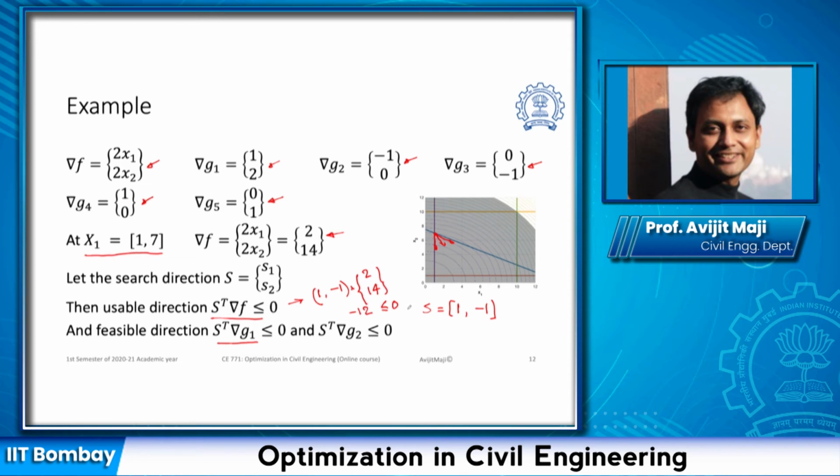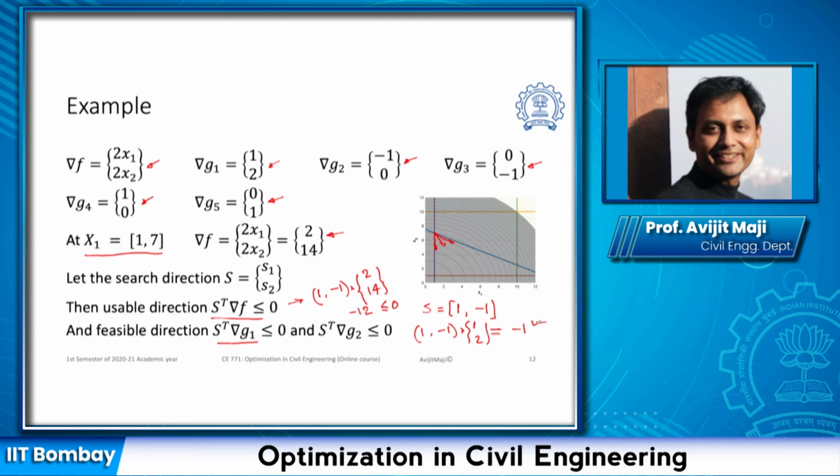and in this particular direction if we see my gradient, the first gradient is going to be (1, -1) times (1, 1/2), which is going to be -1.